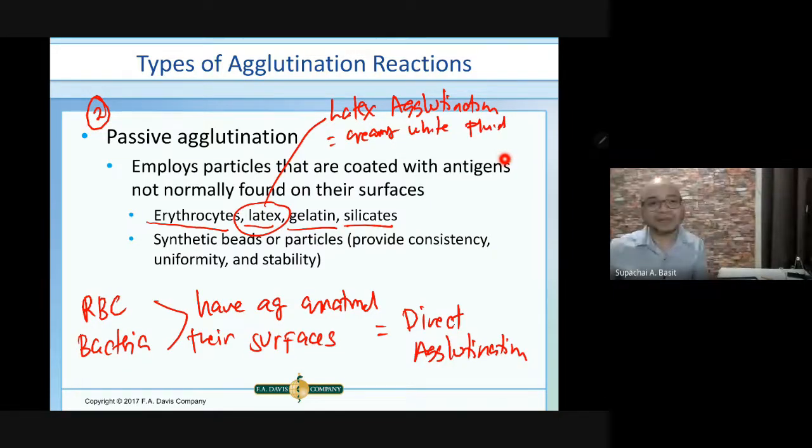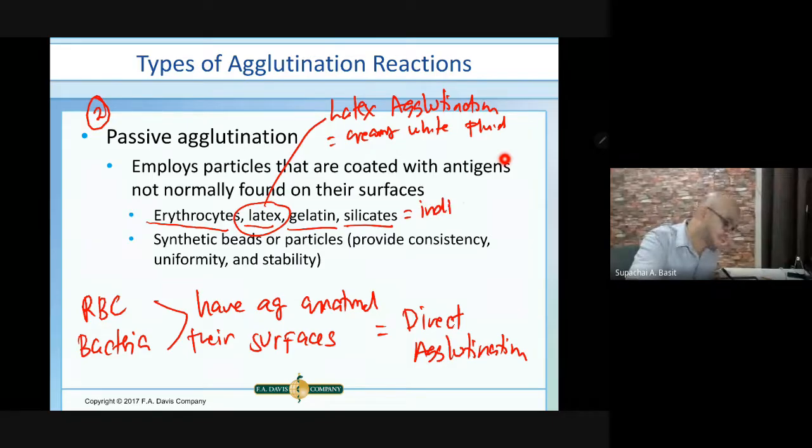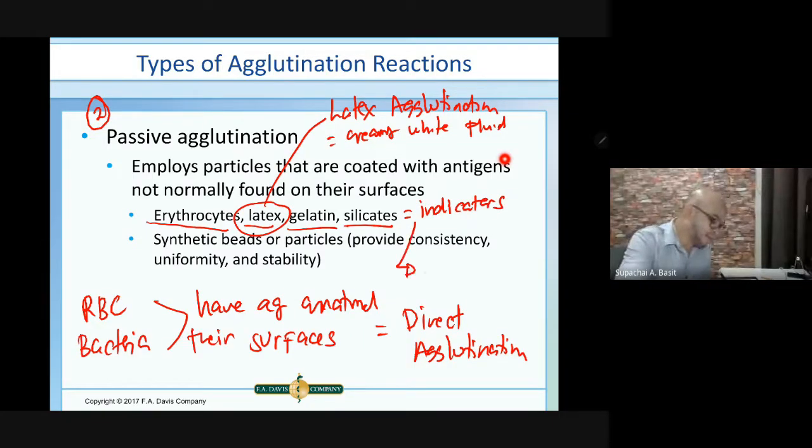So you will be doing a passive agglutination. Erythrocytes, latex, gelatin, and silicates serve as the indicator so that you'll be able to see a visible reaction with your naked eye. You don't have to use a microscope.